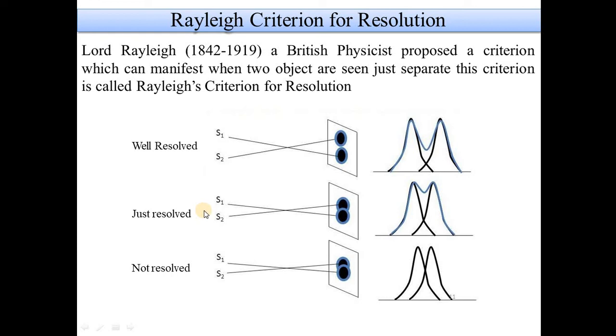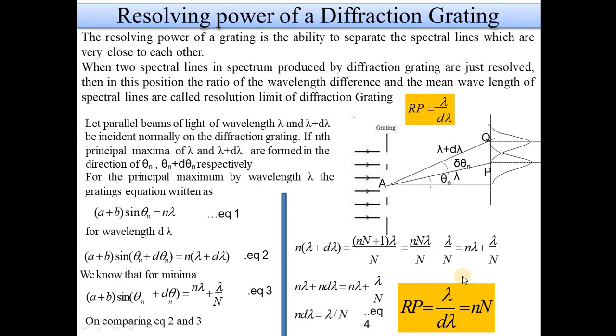They are said to be just resolved when there is still a gap in the superposed waves. Otherwise it is non-resolved: you cannot identify the two objects or images, as the wave functions representing them are very close to each other.